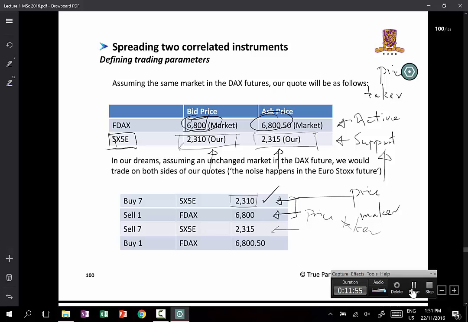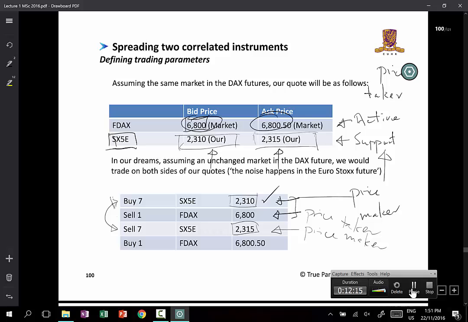If you were so lucky that as a price maker somebody buys from you at your offer side here, then these two trades actually are already liquidated. They are finished.